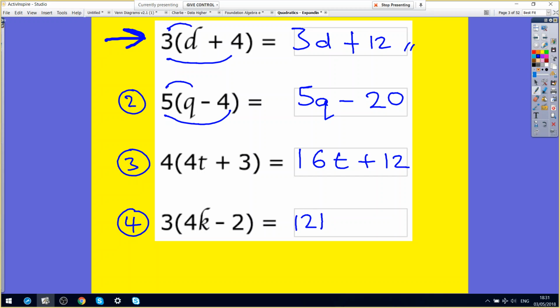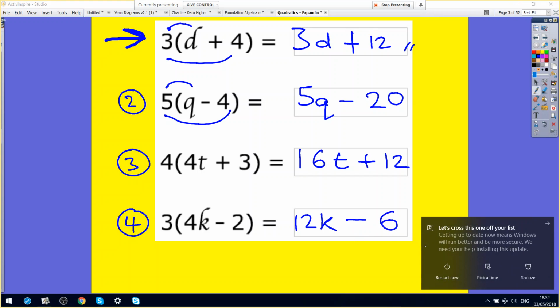And then 6. Yeah. And was that plus 6 or minus 6? So minus. Well done.